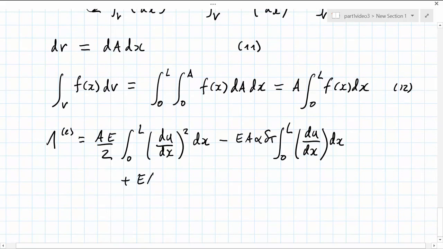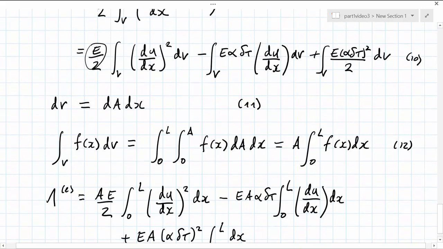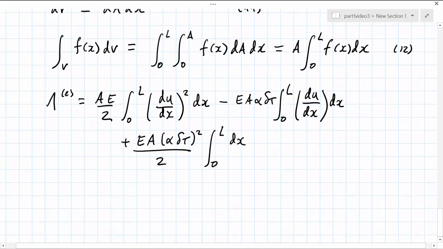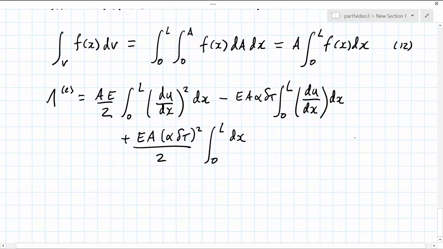This time we have E times A times alpha delta T, all squared, divided by 2, and then we're just left with the integral over the length with respect to dx. This is equation 13. We have now reduced the problem to a one-dimensional integral with respect to x.